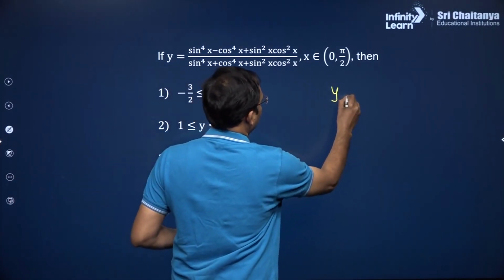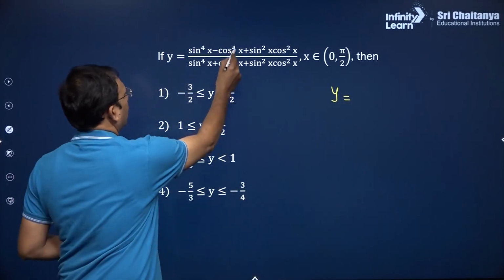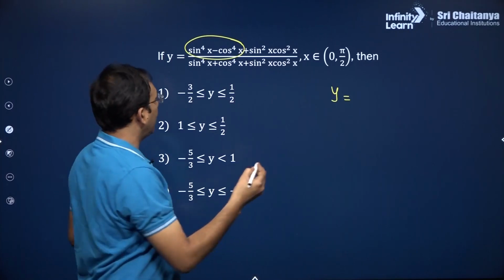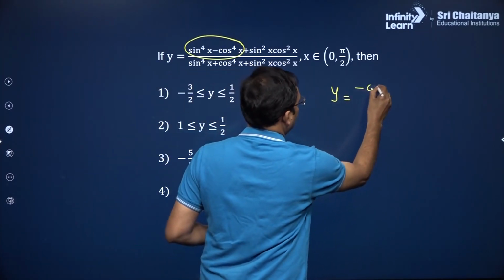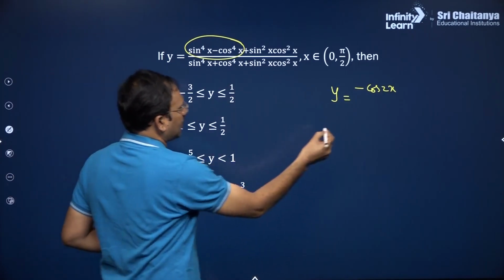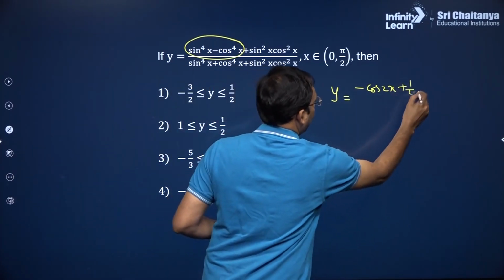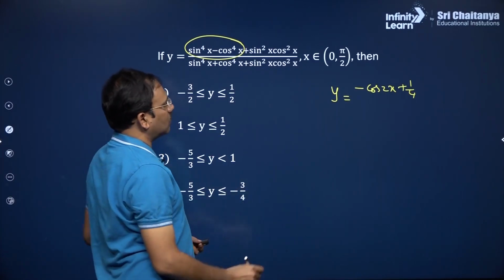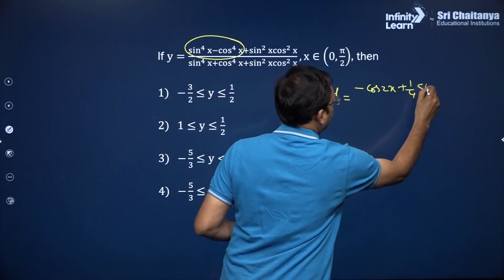This is y is equal to sin power 4x minus cos power 4x, like a square minus b square. A minus b will become minus cos 2x, a plus b will become 1, and plus 1 by 4 into, you write 4 sin square x cos square x, you can write sin square 2x, my dear friends.